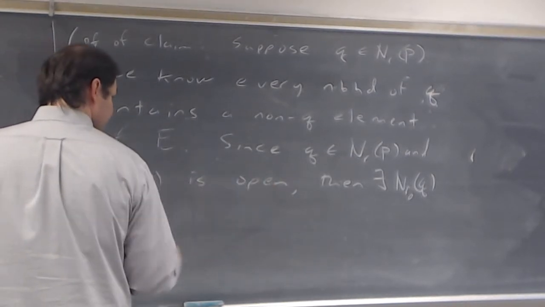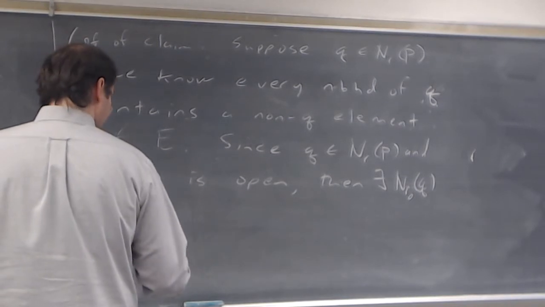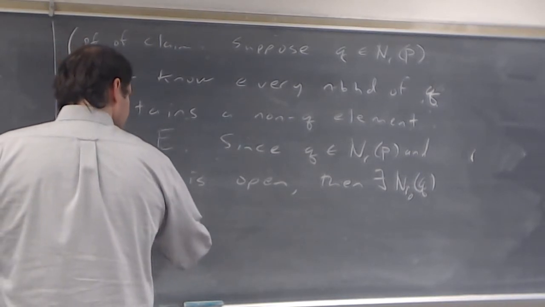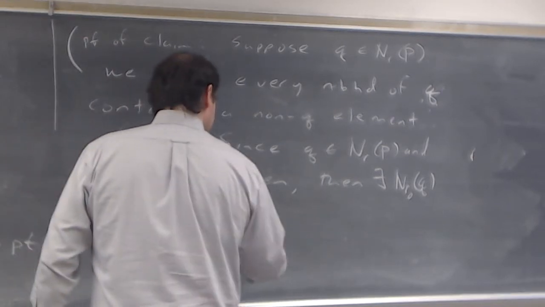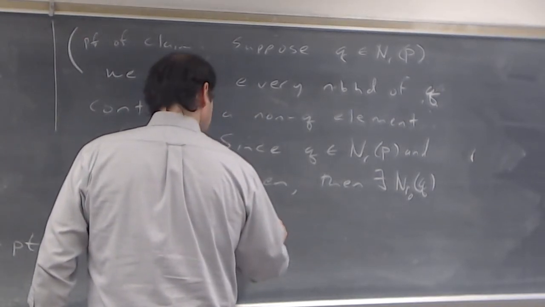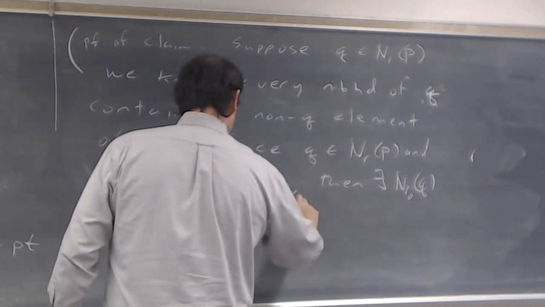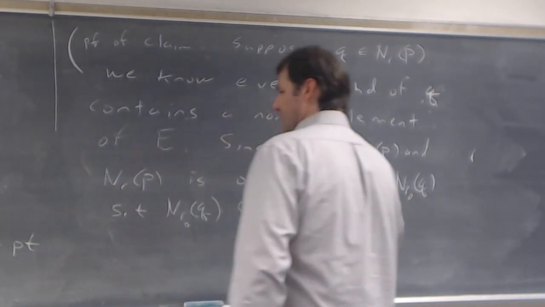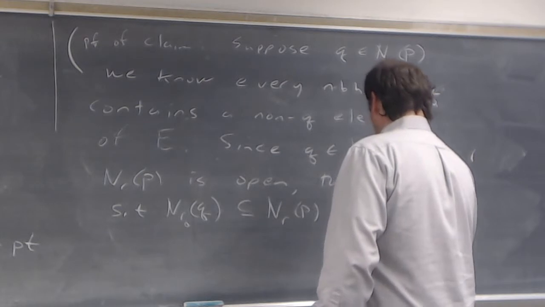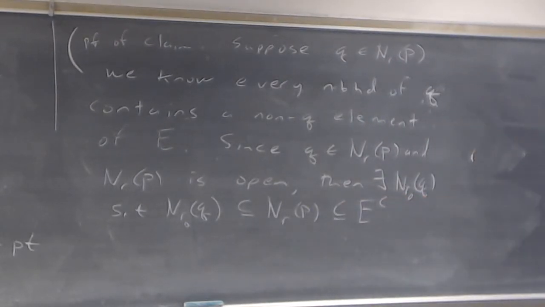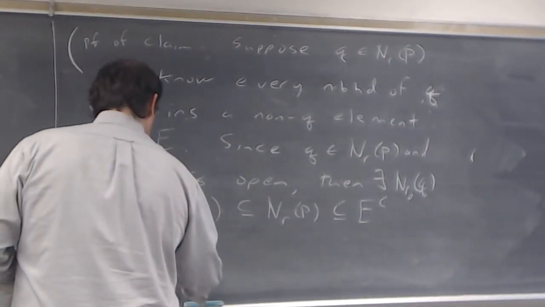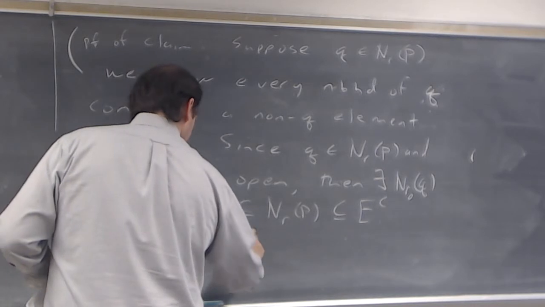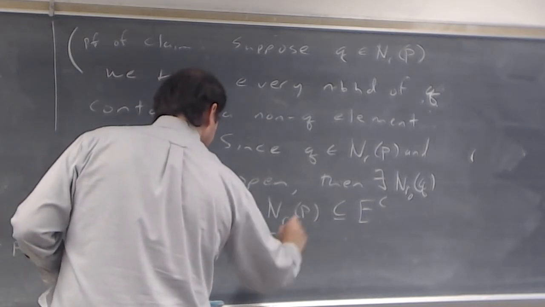And so that means there exists this radius for this neighborhood of Q, such that N sub r naught of Q is contained in N sub r of P, but we know this is in E complement. E complement is where it is. So that says that N sub r of Q is contained in E complement.